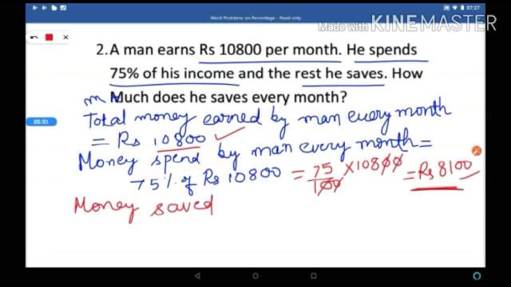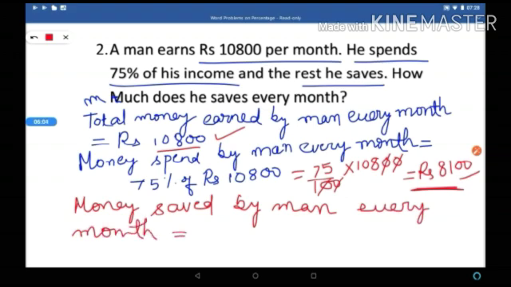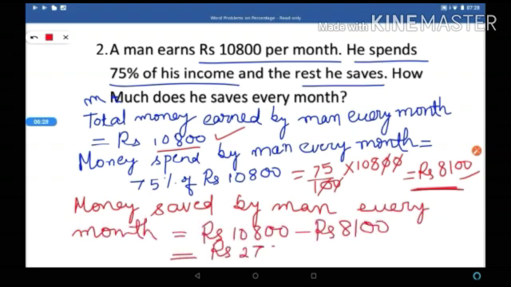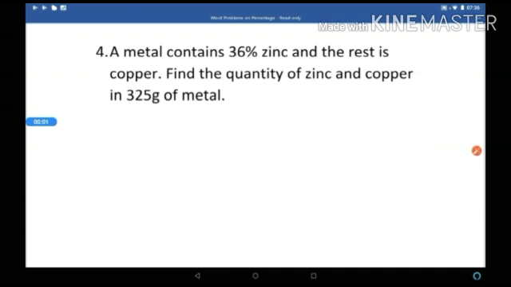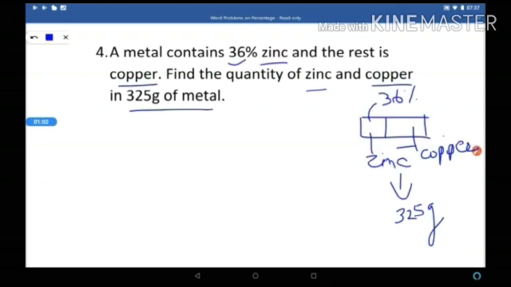Money saved by the man every month is equal to rupees 10,800 minus rupees 8,100, which is equal to rupees 2,700. Next problem. A metal contains 36% of zinc and the rest is copper.